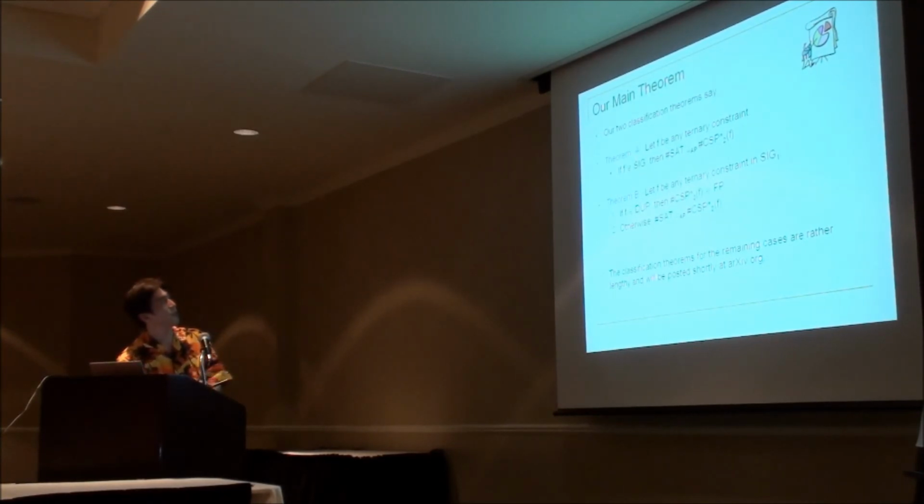I got two theorems. Theorem A says if F does not belong to SIGC, then the corresponding counting problem is sharp-P hard, harder than sharp SAT. The second theorem says, looking at the Sing 1 part, we get the dichotomy theorem here.